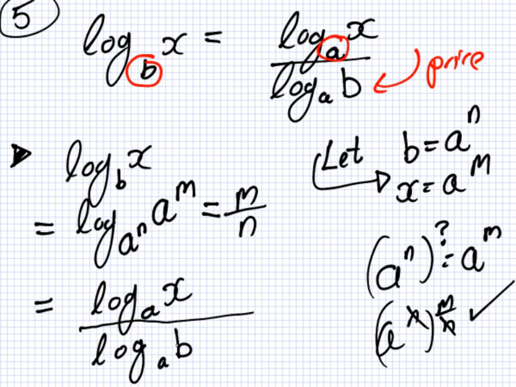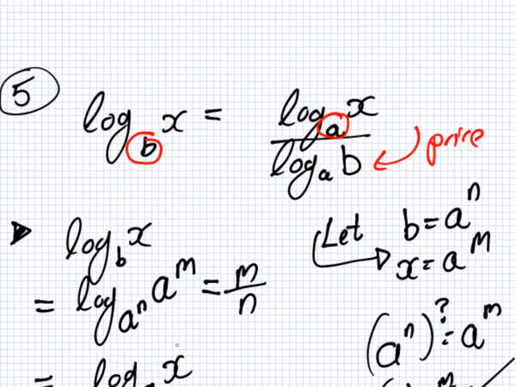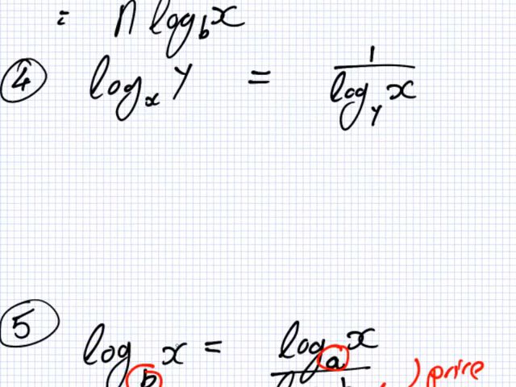Yeah? It's okay? Okay, we can go back to 4 now. So I could use proof 5 on proof 4, because I'm changing the base. I'm going from base x to base, what's the new base? y.